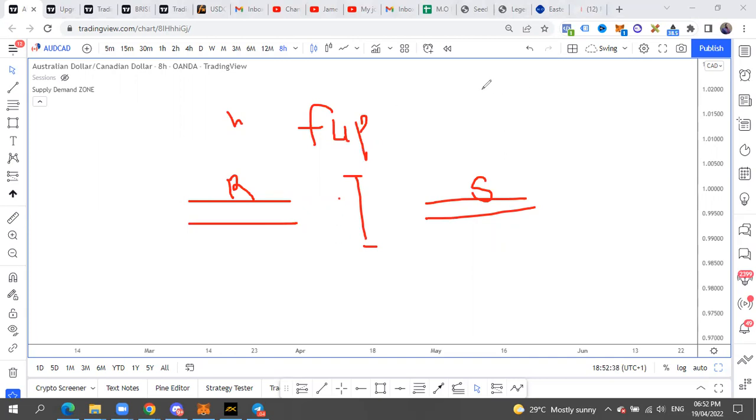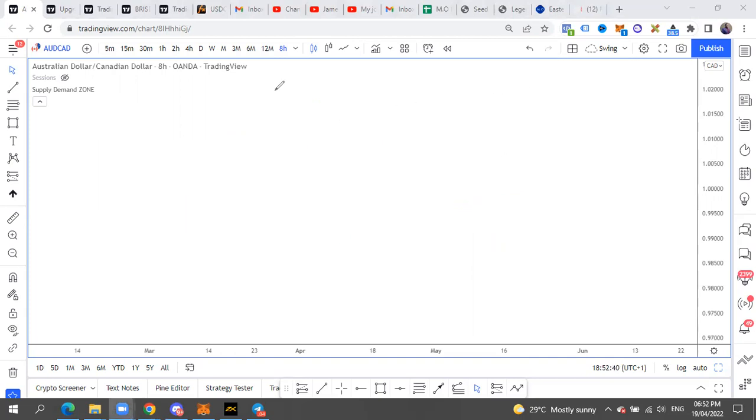So the best way I can share this with you is to identify a running trend. Then you can trade the flip zone. So this is your flip zone. You can see a resistance now turn to support. This is a flip zone.